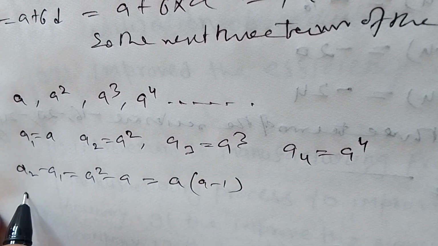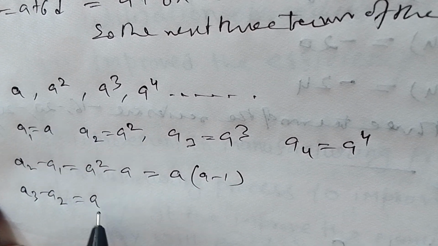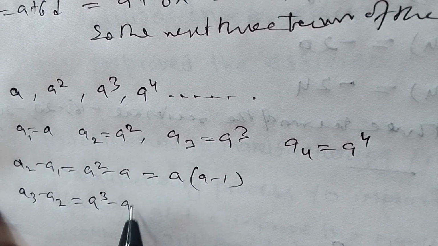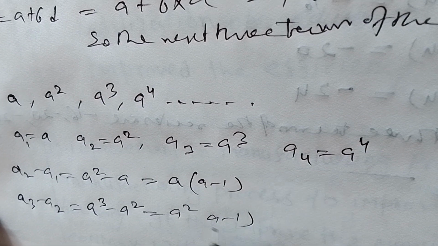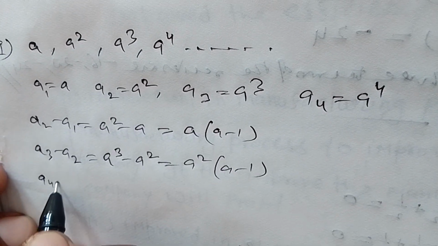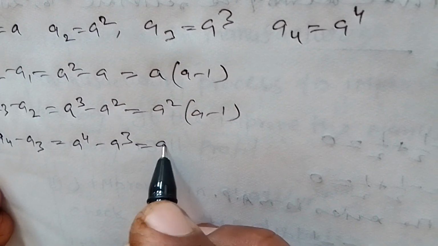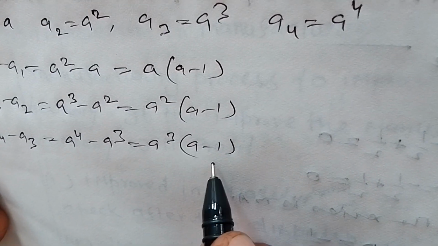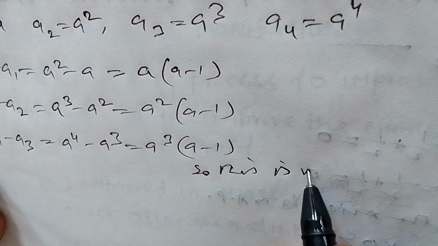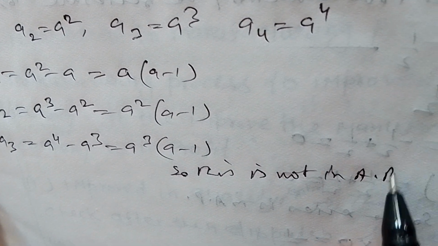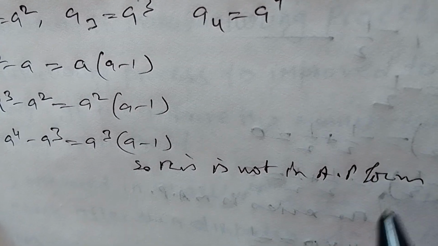Then A3 minus A2 is A cube minus A square, which is A square times A minus 1. Then A4 minus A3 is A to the power 4 minus A cube, which is A cube times A minus 1. Here the common difference is not common, it comes out to be different, so this is not in AP form.